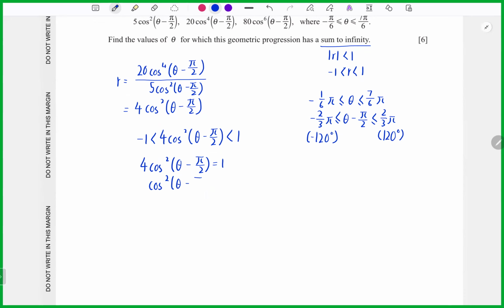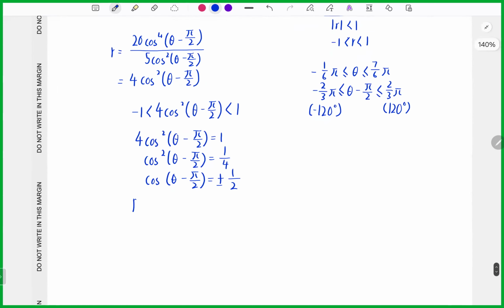So let's try cos squared (theta minus pi over 2) equals 1 over 4. So cos (theta minus pi over 2) equals positive and negative 1 over 2.